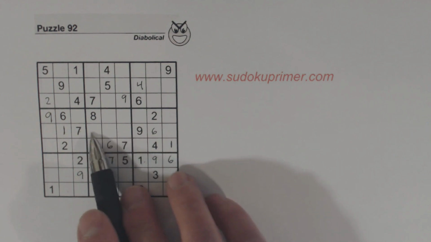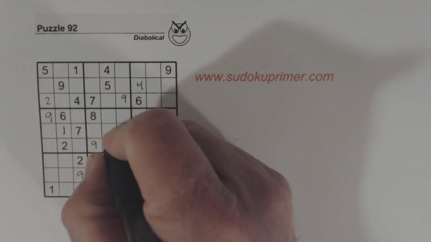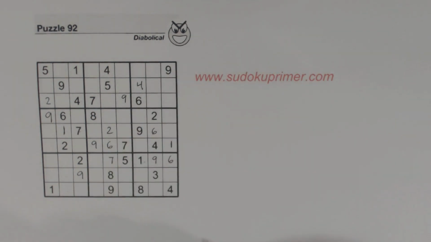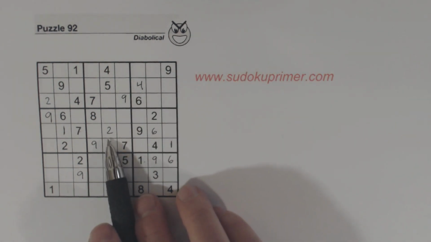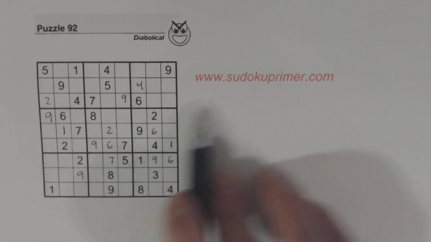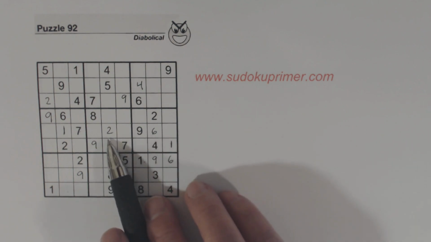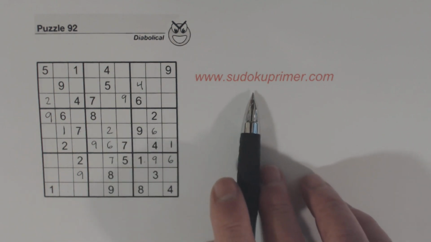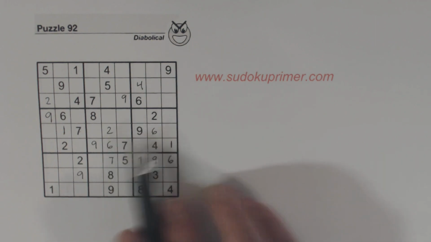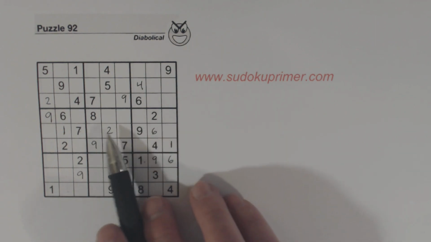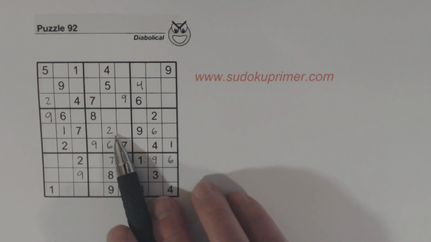So one of these is a 2, and I know this is a 2 right there. It can't be this one or this one, because I used double column elimination to narrow it down to this column. If you're not familiar with double row and column elimination, go to the techniques section of sudokuprimer.com and you'll see how you can use that technique.